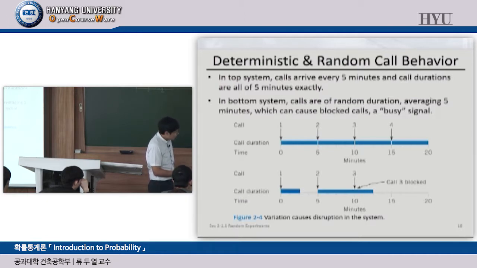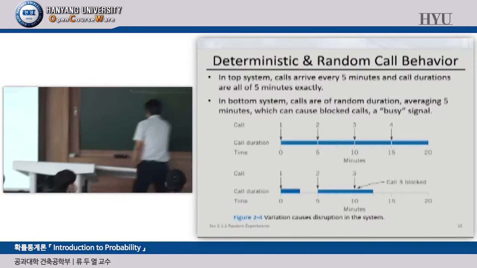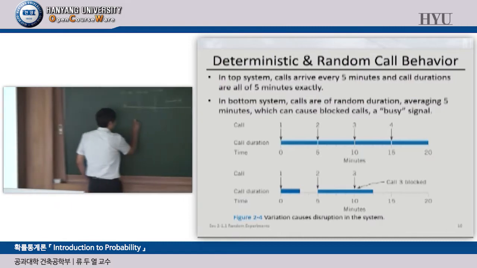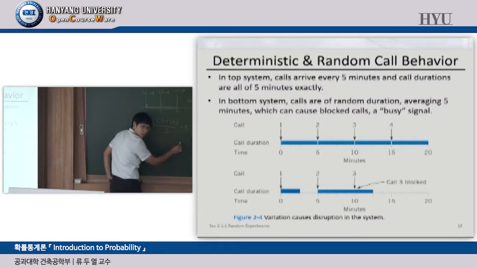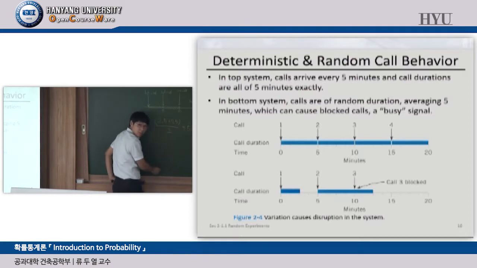For example, the duration of the first call is 2.5 minutes, right here. And the duration of the second call is 7.5 minutes. So if we take the average of these two values, we can simply have 5 minutes. This is the average duration for the second system.